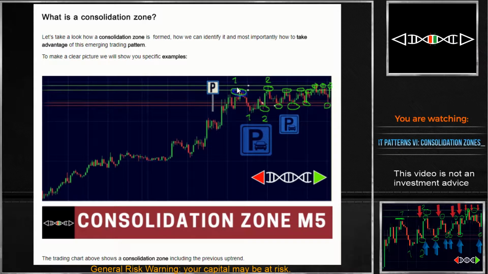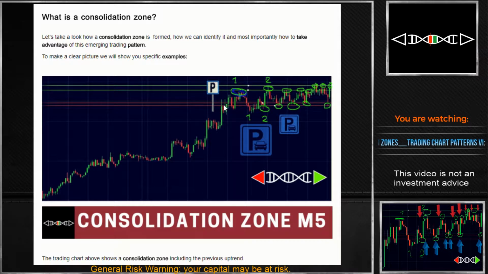The logic behind forming trading zones, these sideways channels or consolidation zones, is that there is a strong player in the market that either wants to speculate or open or close very large, significant positions. So let's say a hedge fund that runs a 100 million investment would like to open a very large position.